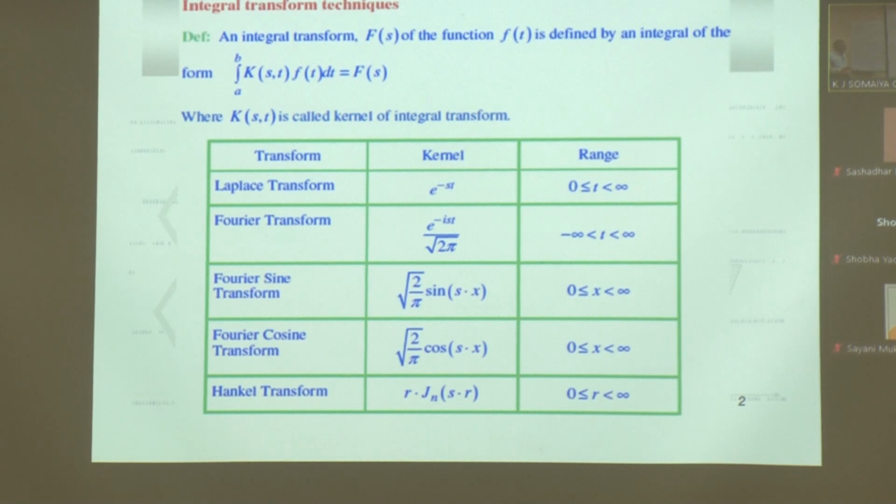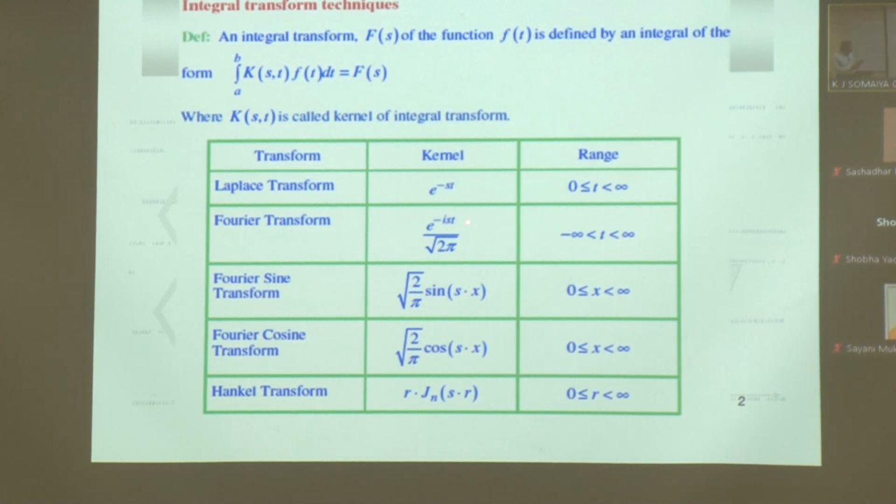That is the reason the Laplace transform is applicable for transforming the time variable, because time also varies from 0 to infinity. As t tends to infinity, this value tends to 0, so there is no convergence issue.